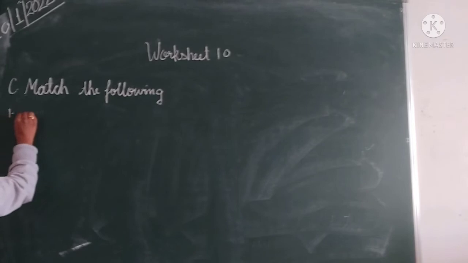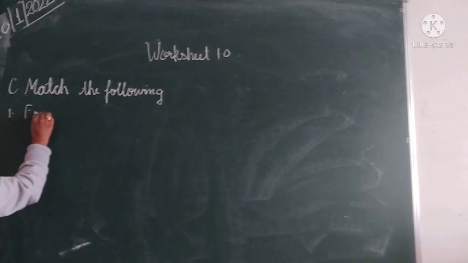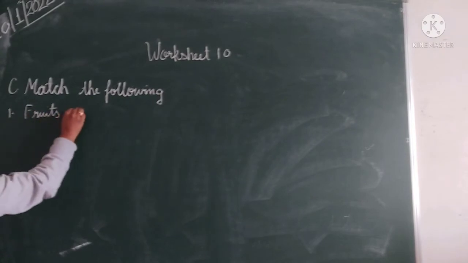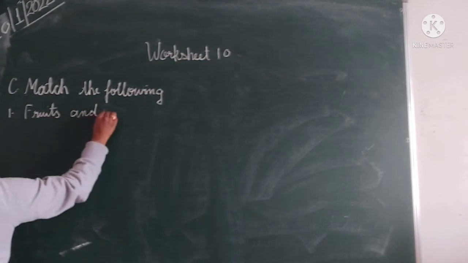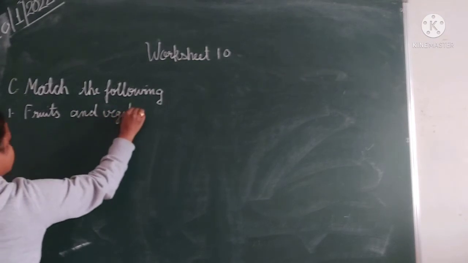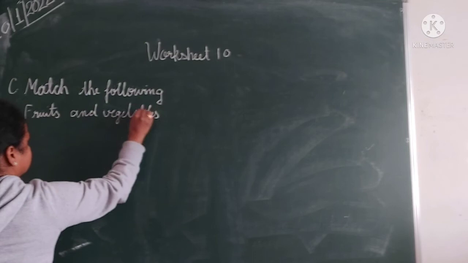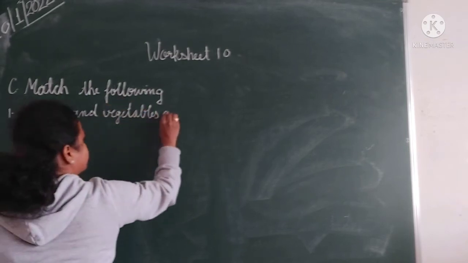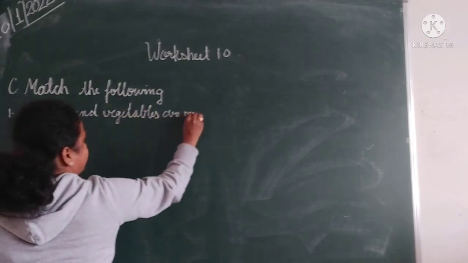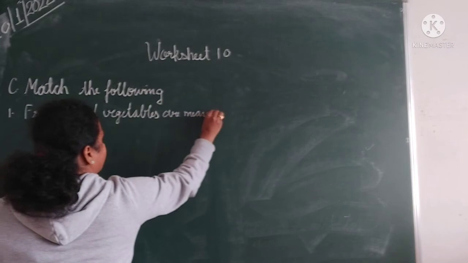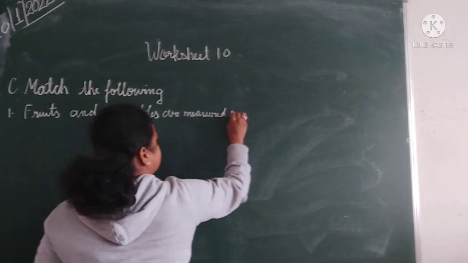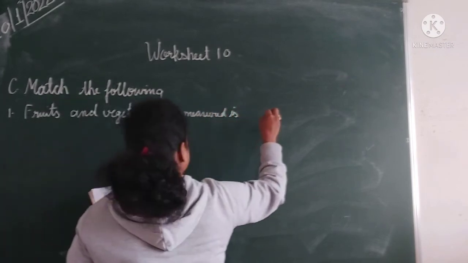First one, fruits and vegetables are measured in. In which unit will they be measured? These quantities are measured in.